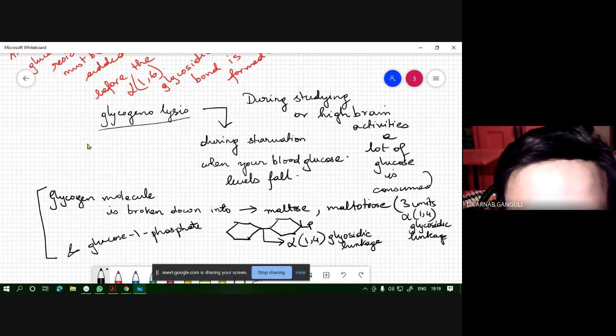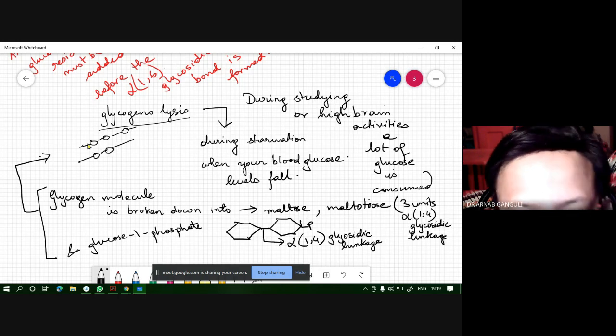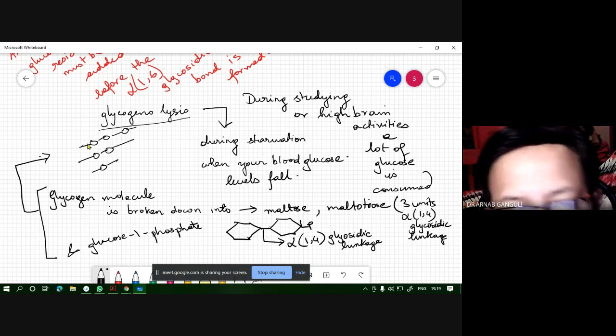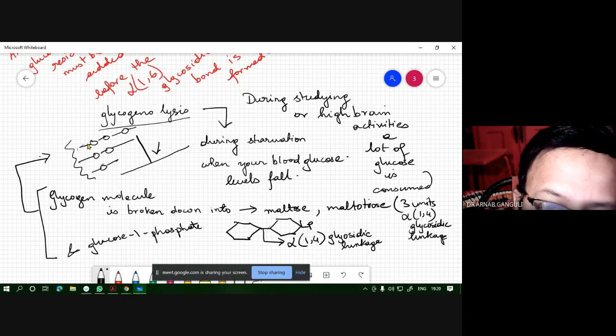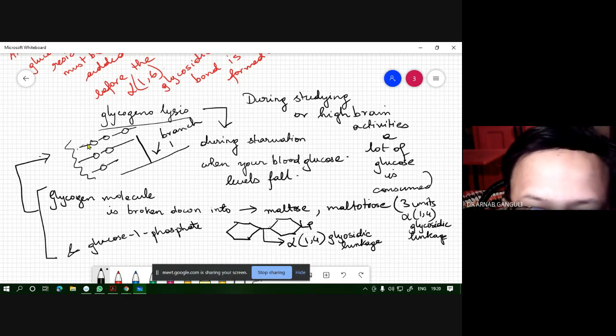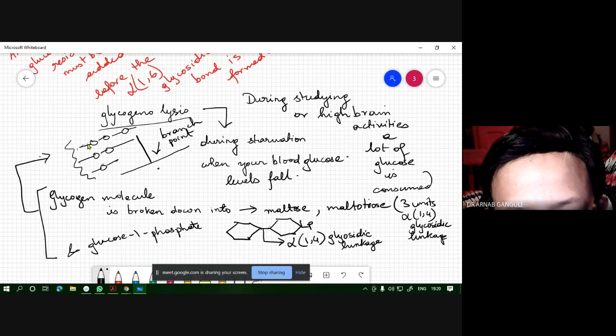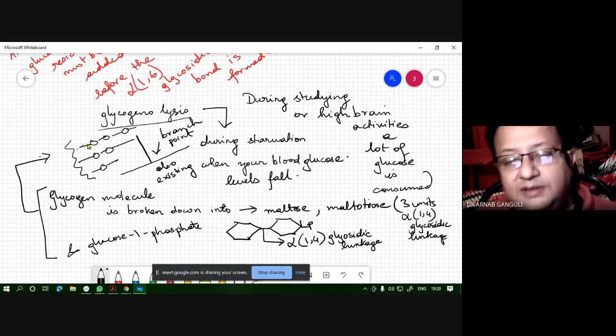Now what happens? So you have 3 units, 2 units, and 1 unit. These small little compounds are broken down. And you will have the branch point also existing. So this is what you have.